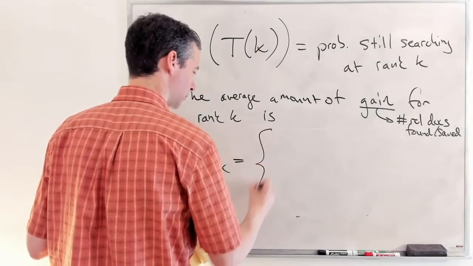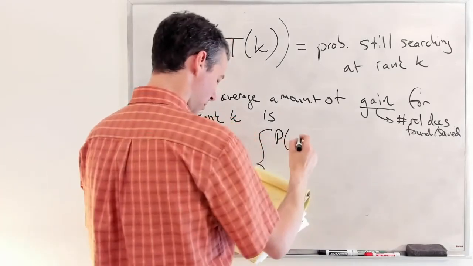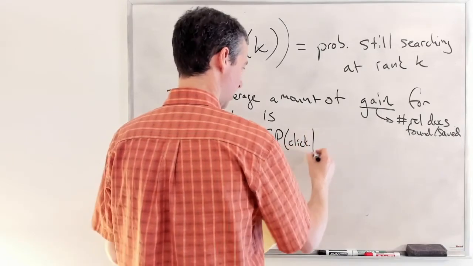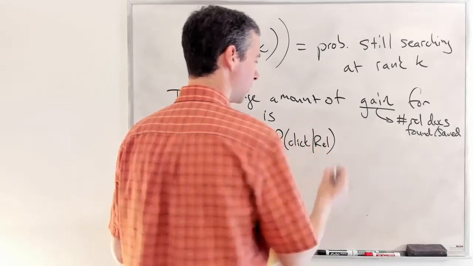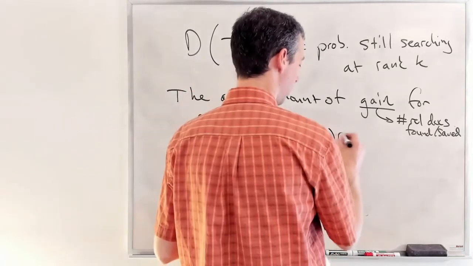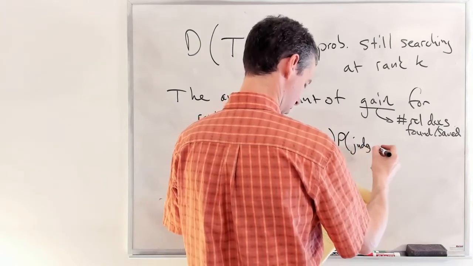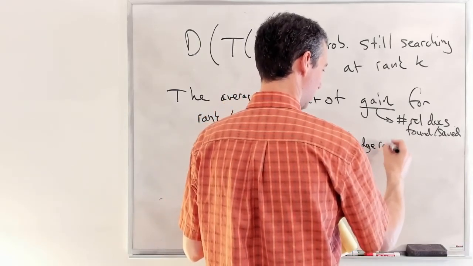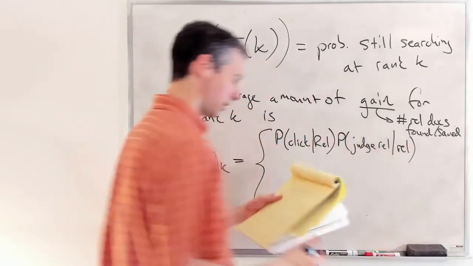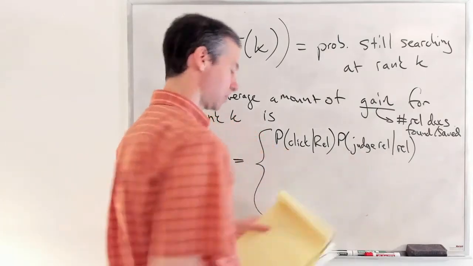And it is the probability of clicking on a summary, given that it's known to be relevant as per the NIST assessor, multiplied by the probability of judging it to be relevant, given that it's known to be relevant from the assessor.